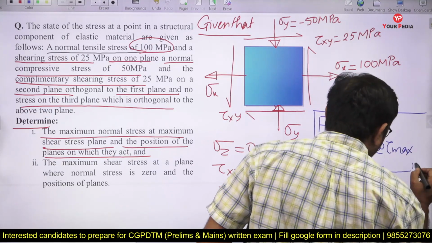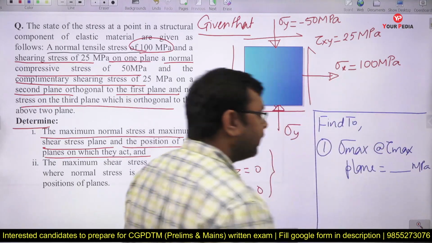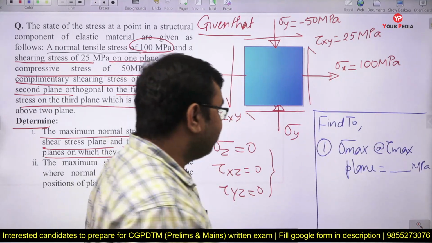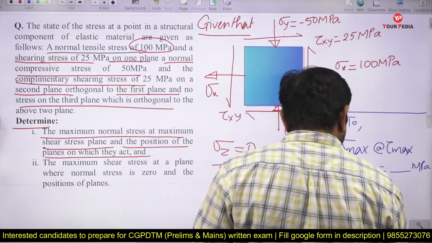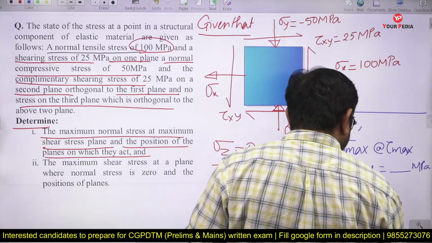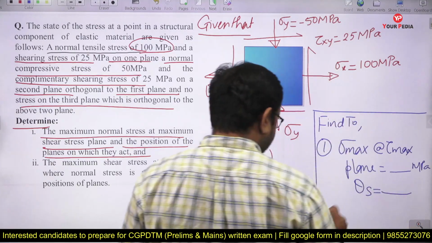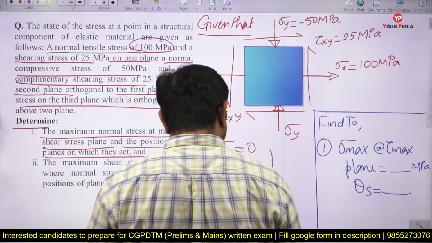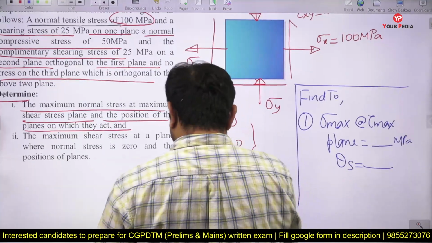Is it clear? We need to calculate sigma max, the maximum normal stress at the maximum shear stress plane, and along with this we also need to find theta s, the plane of maximum shear stress, because in that plane we need to determine the maximum normal stress.